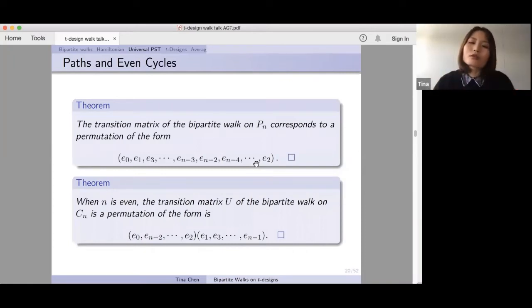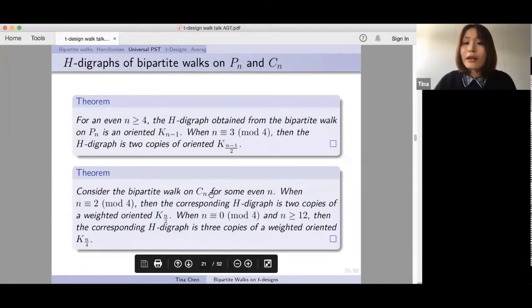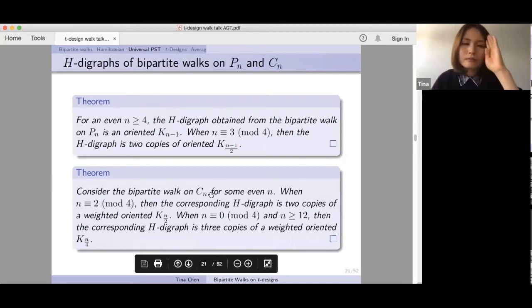And for the bipartite walk on paths, we know the transition matrix will be a permutation matrix of this form. And when n is even, the transition matrix of the bipartite walk on Cn will also be a permutation matrix of this form.